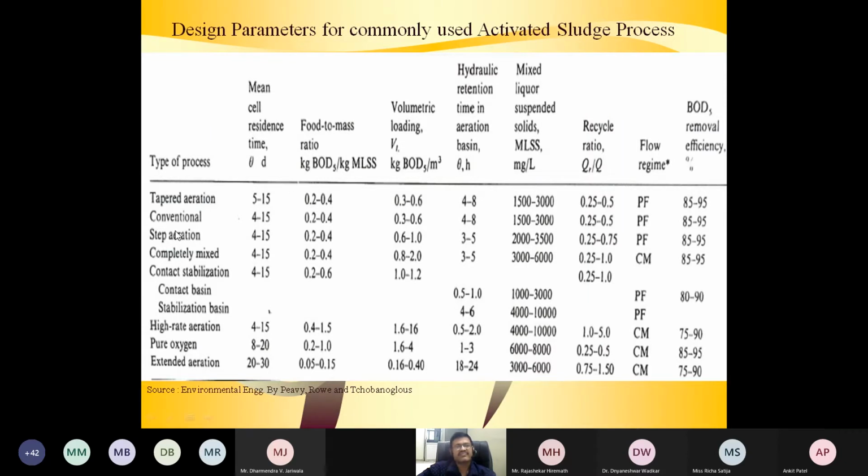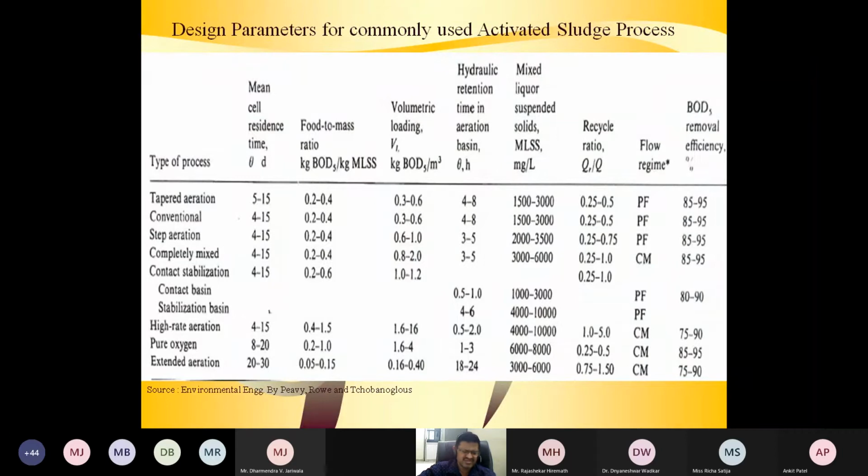Step aeration means that after every step, after some distance, we give the aeration. Then there is completely mixed also. High rate aeration means we are putting in more air. Pure oxygen means that instead of air we give only pure oxygen.